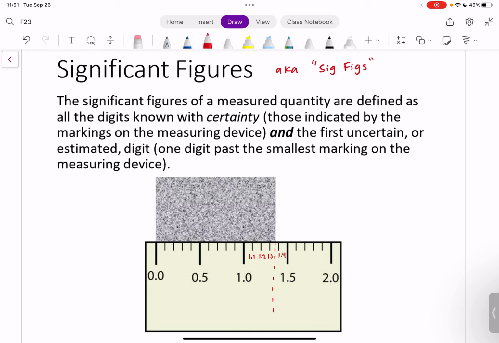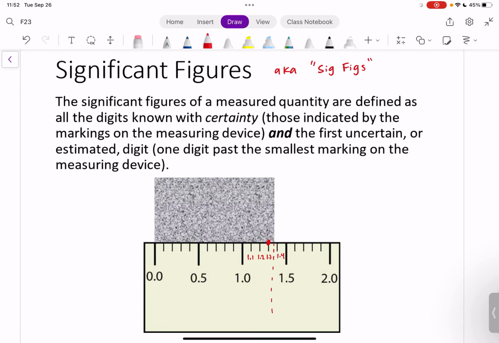So it looks like the block gets in between 1.3 and 1.4. It definitely gets past 1.3, right? But it definitely does not get to our other tick mark, 1.4. So I don't have a tick mark here to measure exactly where we get to. I know it's between 1.3 and 1.4.